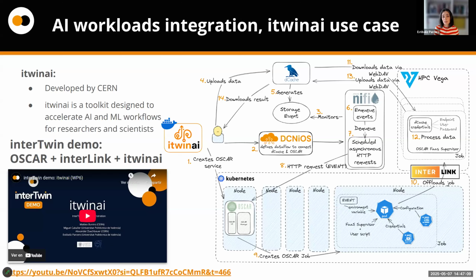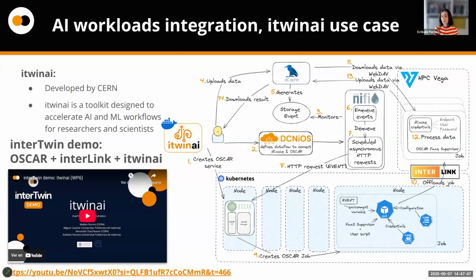This tool contains an AI pipeline, and since it can be containerized, we can also create an OSCAR service for that. So basically, the user creates the service, the NiFi data flow using DCNews, so it can monitor this storage system. In this case, it's also the cache. So once the user uploads new data, OSCAR is going to create a job that is going to be cached by interlink, and that job is going to be offloaded to the HPC supercomputer.